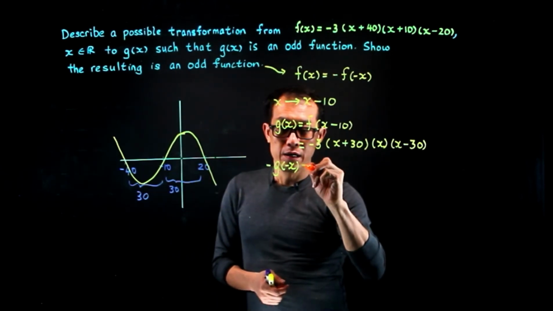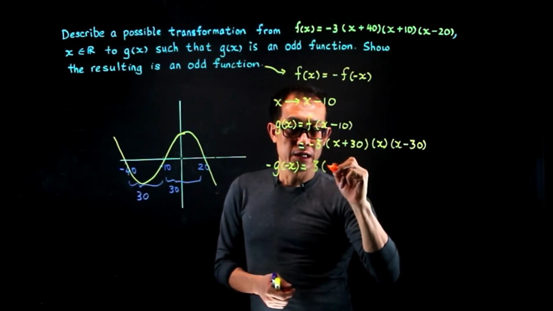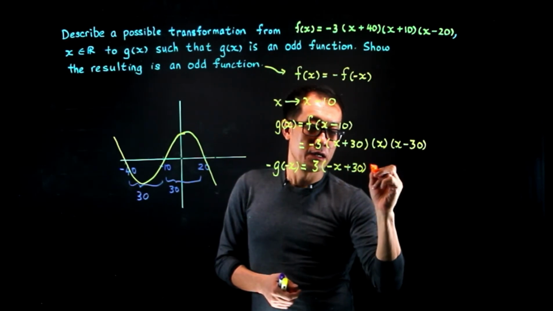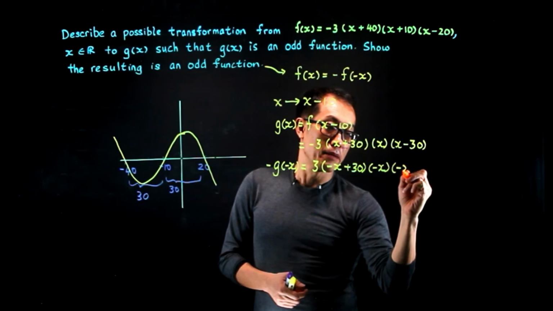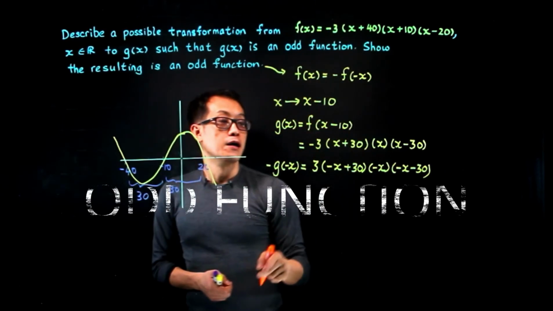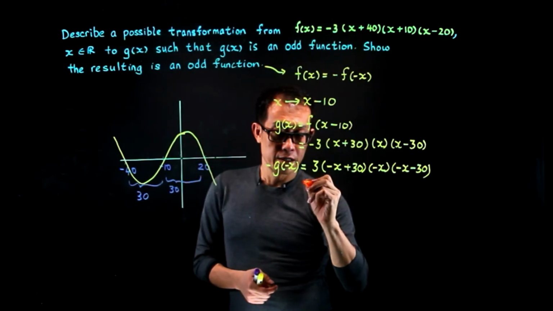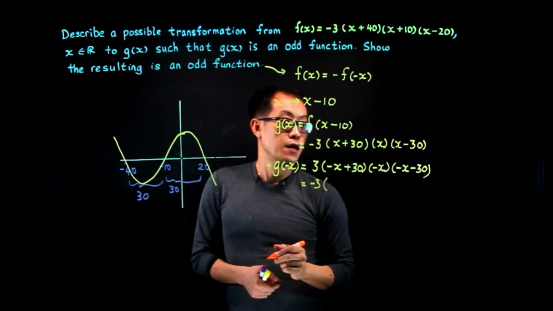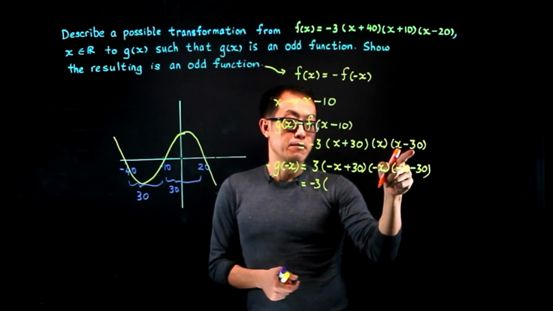Okay? Now minus minus becomes plus. Then you have minus x plus 30. Then here becomes minus x. This one becomes minus x minus 30. Now this becomes minus 3. Now here you factorize a minus out, and then you factorize a minus out.